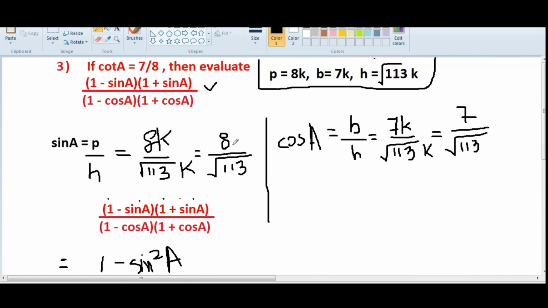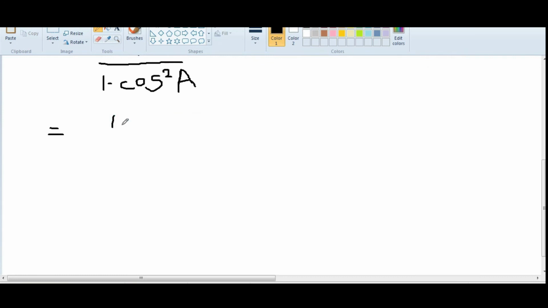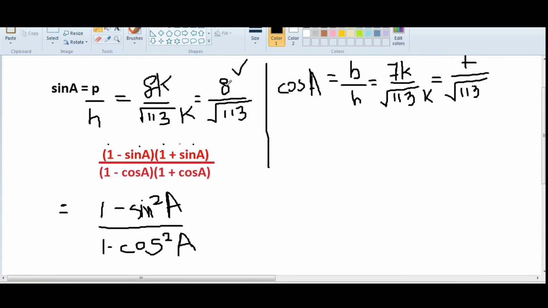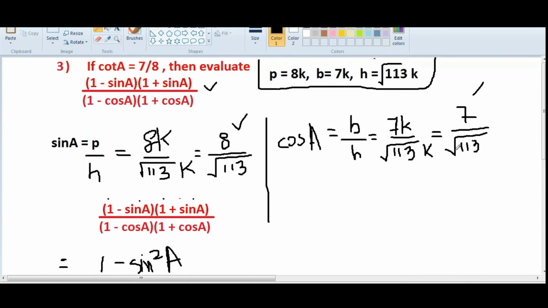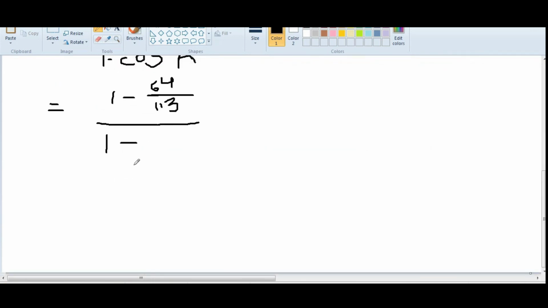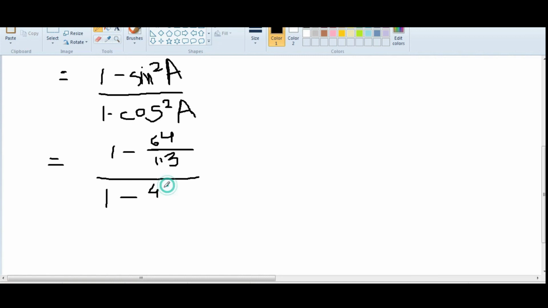Now just manually put the values, 8 by root over 113 and 7 by root over 113, but squaring them. So 8 by root over 113, what will be the squaring part? The numerator will be 64, and since root over 113 square is only 113, we will write 64 divided by 113. In the denominator part also, it's 7 by root over 113. Squaring, its numerator will be 49 and the denominator only 113.